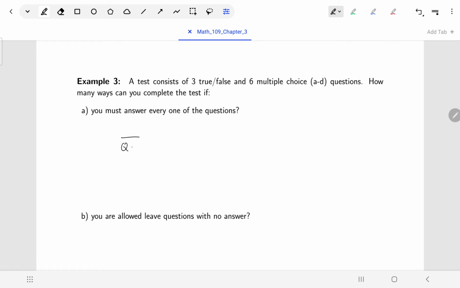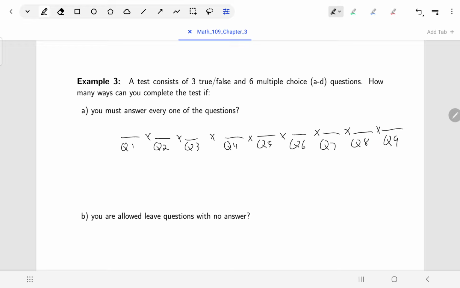I'll be answering question 1, 2, and 3, those 3 true and false questions. And then I'll go on to questions 4, 5, 6, 7, 8, and 9, the multiple choice questions.